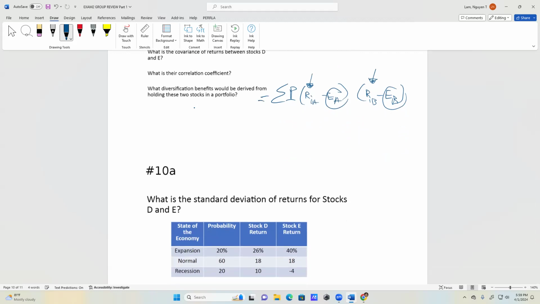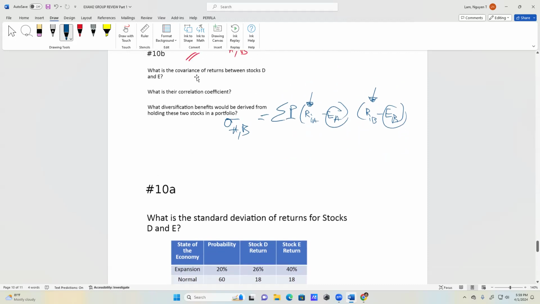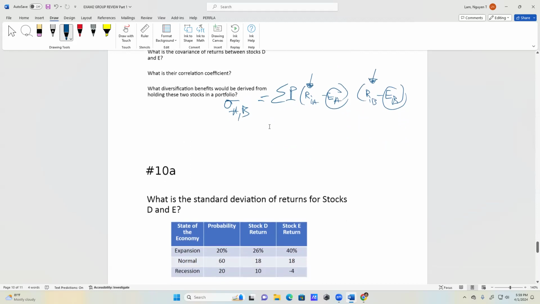And that is equal to, once again, covariance. It's asking for the covariance between D and E. P, looking at the first one, I copy that down, 0.2. All right, open up. RIA, probably referring to something belonging to A, so I just copy 0.26.